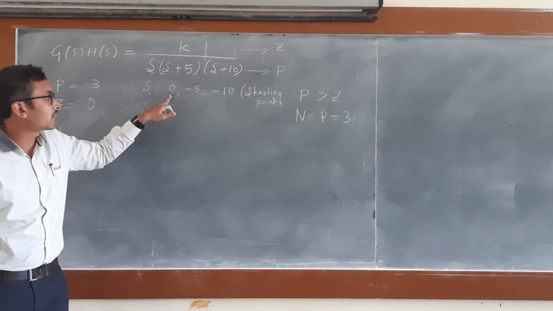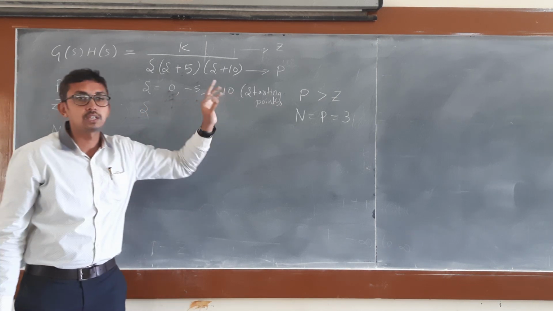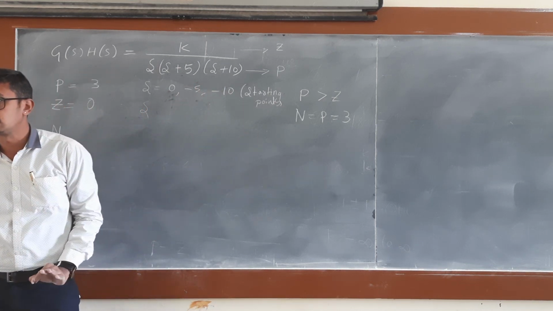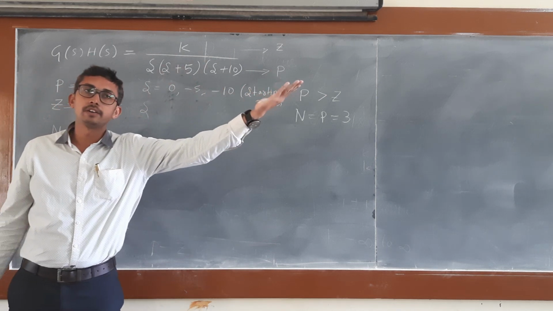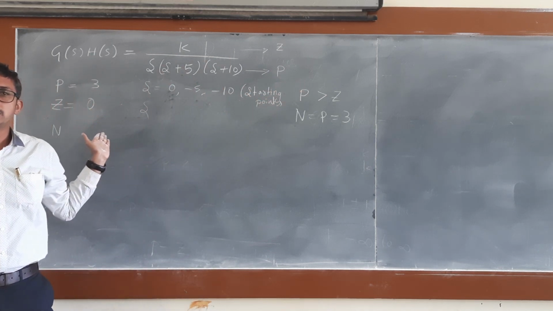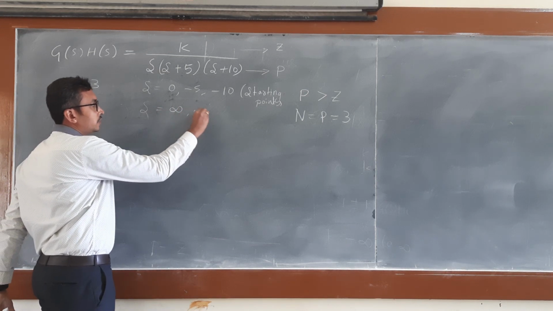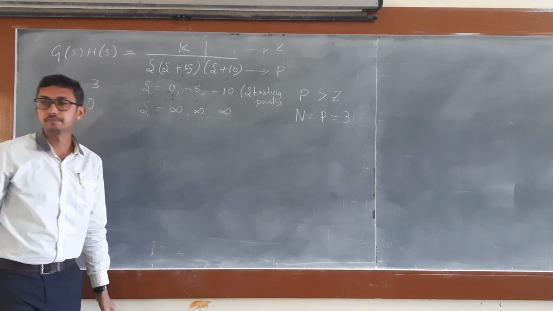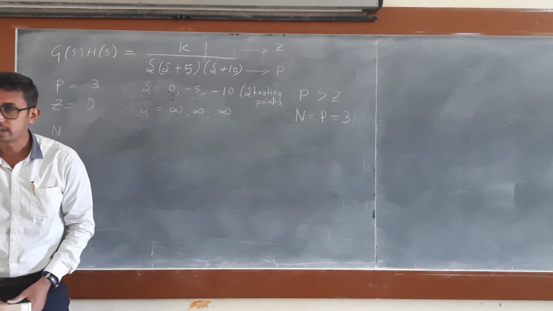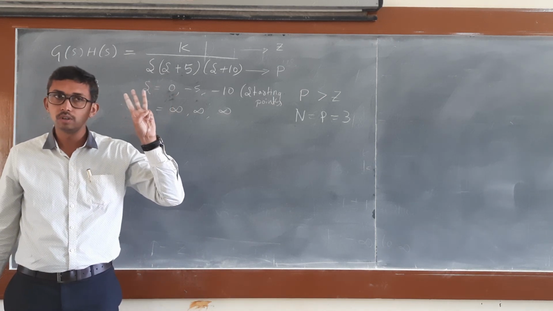So here we have 0, minus 5 and minus 10 as the starting points of the branches. So where are they going to end? There are no end points. So therefore they are going to end at infinity. Got it? So number of branches is equal to 3.